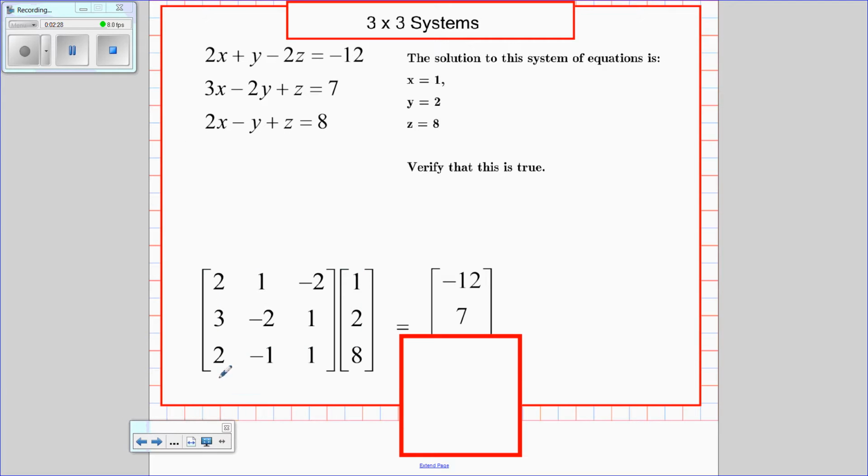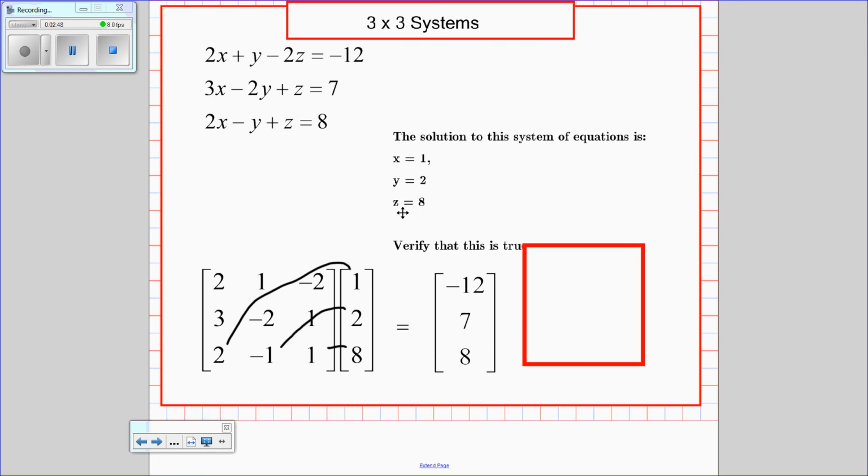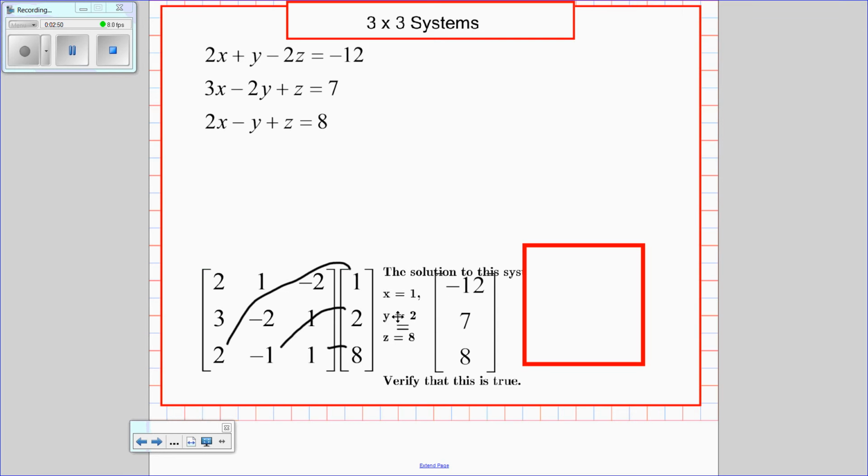Finally, we multiply 2 times 1, negative 1 times 2, and 1 times 8. When we add all of those together, we get 8. We notice that this matrix matches up with the constants from our original equation, and our solutions match up to the matrix we multiplied by.